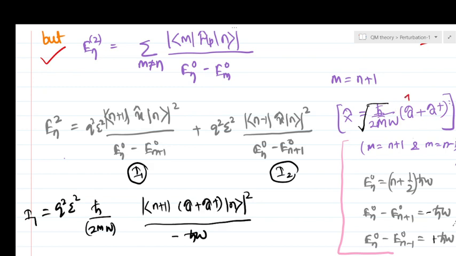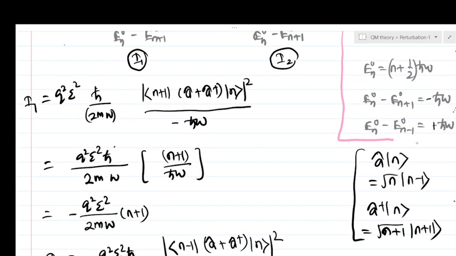Here a cap is the lowering operator, a cap dagger is the raising operator. If you operate a cap on ket n, its value will be root n ket n minus 1, and if you operate a cap dagger on ket n, you will get root n plus 1 ket n plus 1.